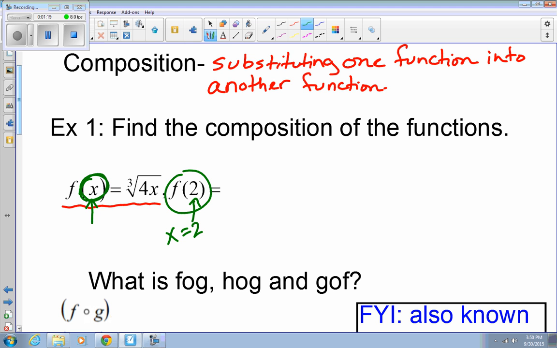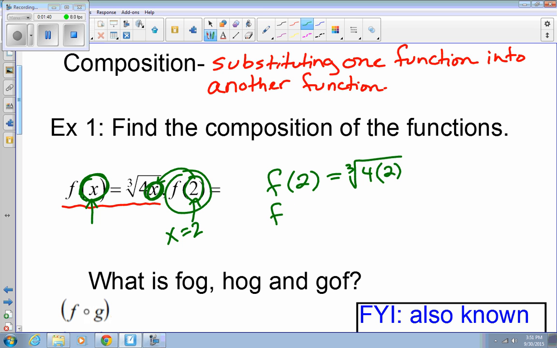So you take 2 and you substitute it into the x value of the function. So f of 2 equals the cube root of 4 times, instead of the x here, you put in a 2.